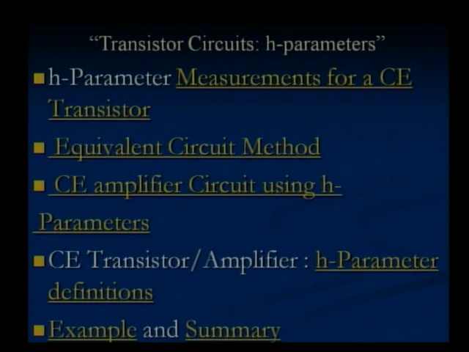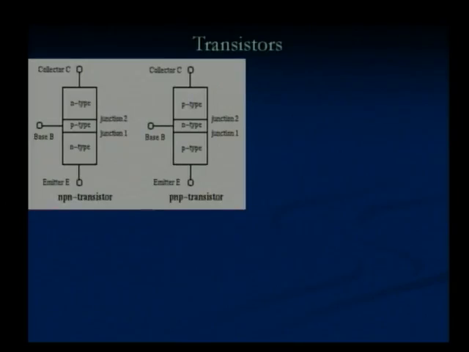How H parameters, once we know them, can be measured in a particular mode will also be discussed. Another method, the equivalent circuit method for a common amplifier circuit using H parameters, we will also discuss, and finally some definitions regarding the common emitter transistor amplifier. At last we will take one example and go for the summary of what we have discussed today and what the outcomes are.